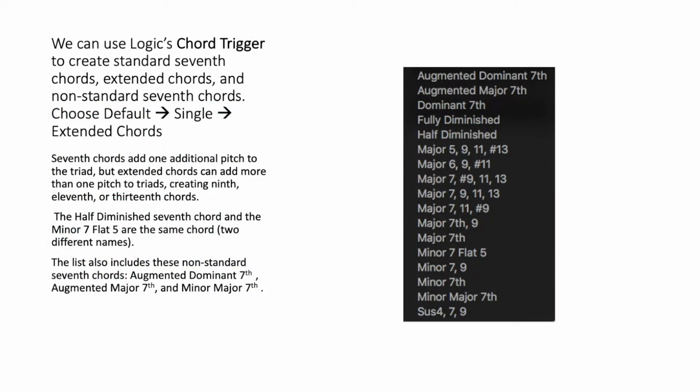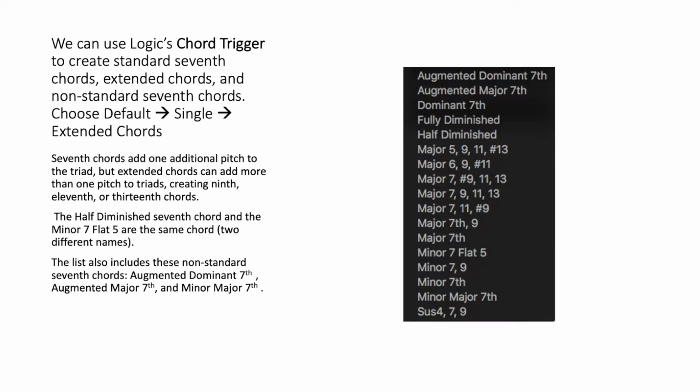With Logic's chord trigger, we can create the standard seventh chords, and we can also create extended chords and non-standard seventh chords. If we go to the chord trigger and from the drop-down menu we go from default to single to extended chords, we have this list which shows us all of the seventh chords and the other chords as well.